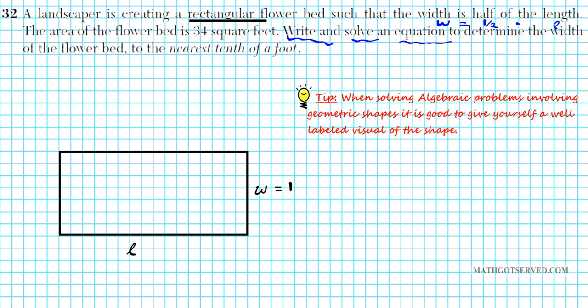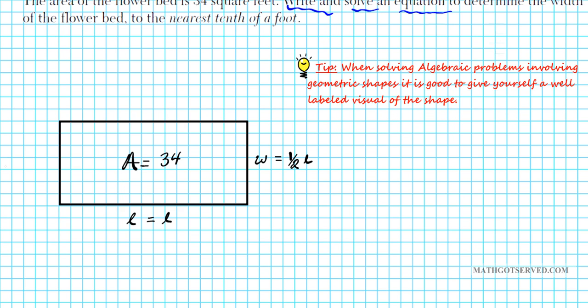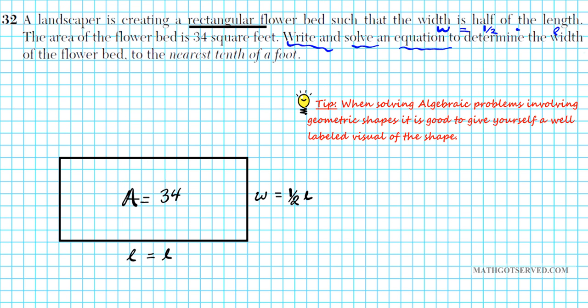W is going to be 1/2 L. Now since W is dependent on L for its definition, we just leave L as L. Okay, area is length times width, which is 34 square feet. All right, now we have a nicely labeled diagram. Let's go ahead and write down the formula for the area of a rectangle, okay? So the area of a rectangle is what?